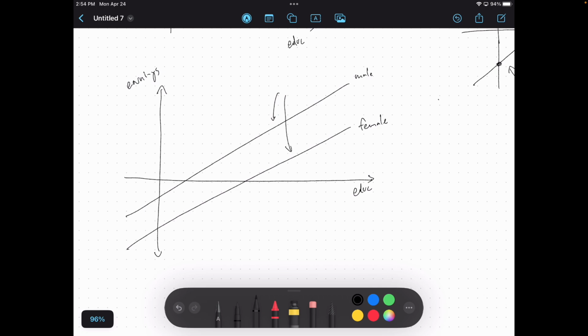The slope for both of these is equal to, what is the number? 4.2K. What is the baseline intercept? Negative 32K. And what is the coefficient for male? 20.4.